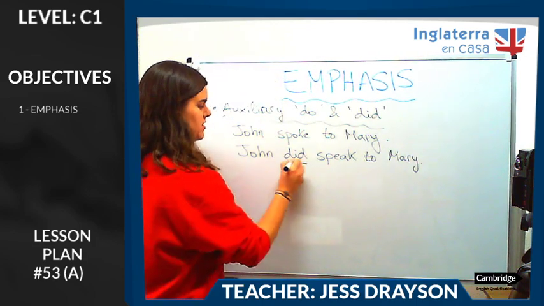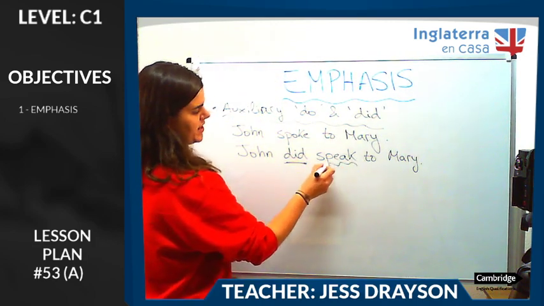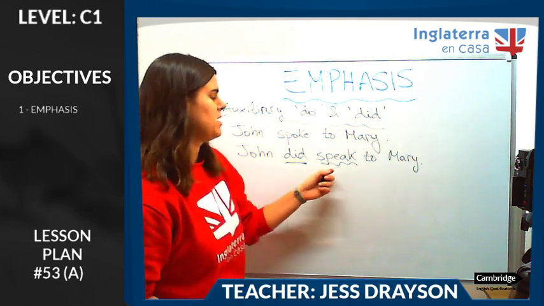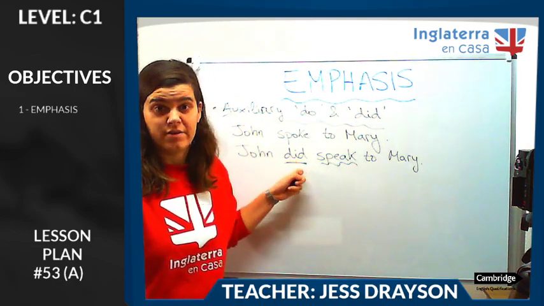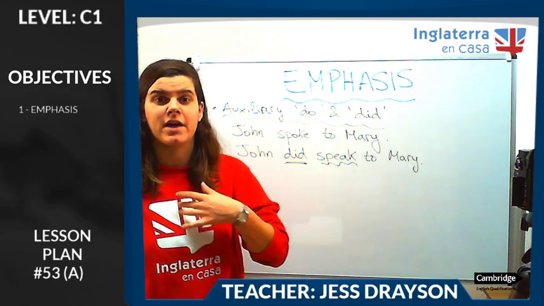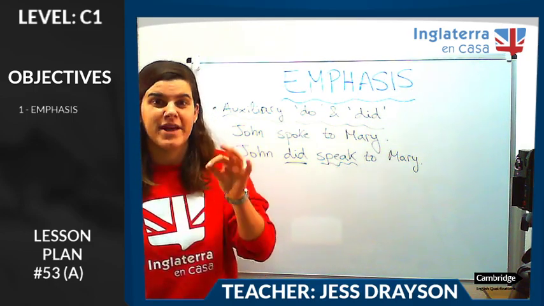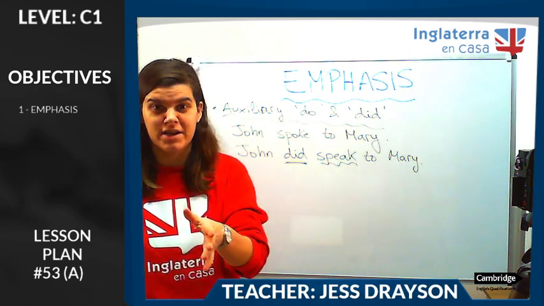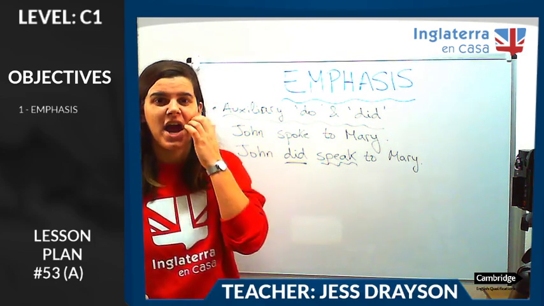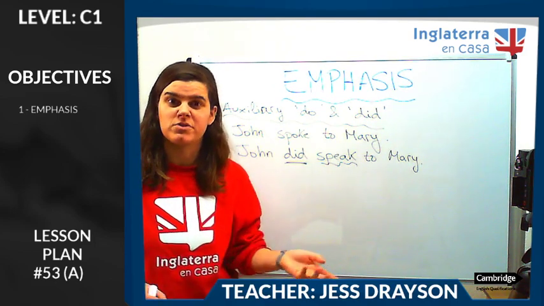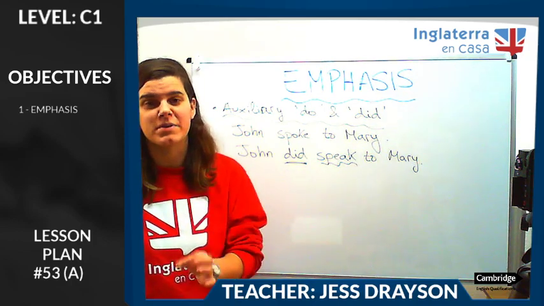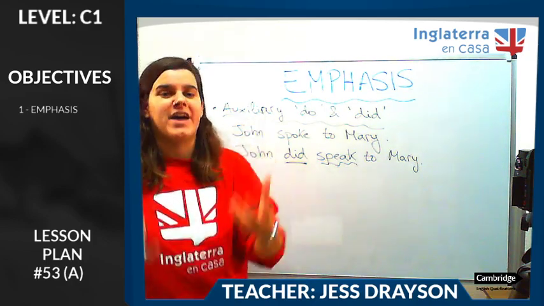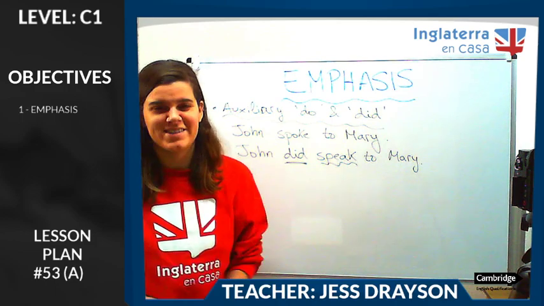Here, by adding the auxiliary, and then obviously leaving it in the bare infinitive form, you are emphasizing that I 100% know that John spoke to Mary. And you can take my word because I know, okay? So you're not just saying John spoke to Mary. You're saying John did speak to Mary. It's that emphasis, okay?